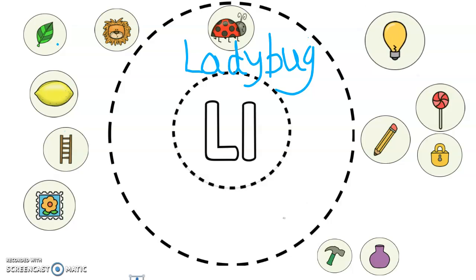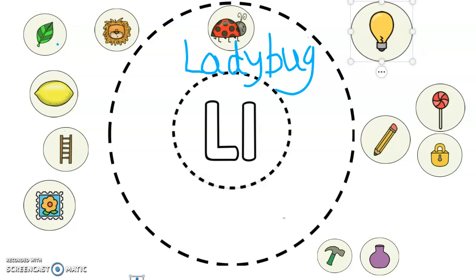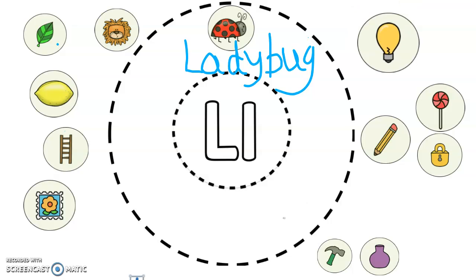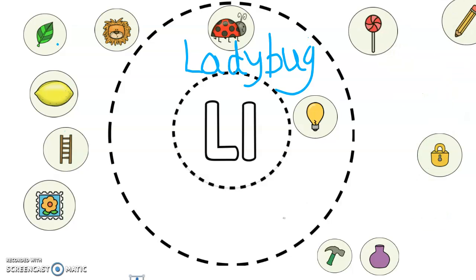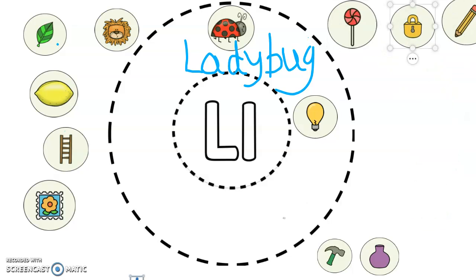This next one is called a light bulb. Listen to the first sound. Light bulb. I'm looking for all the pictures that start with ooh. Should I put it in my circle? If you said yes, you are right. Kiss your brain. So I'm going to put it in there. And then I'm going to move these other pictures so I can write it.